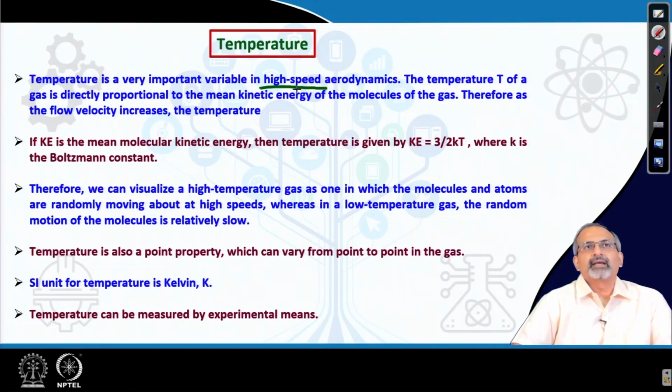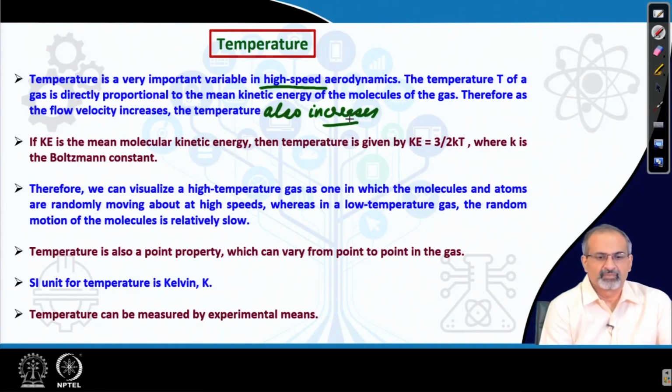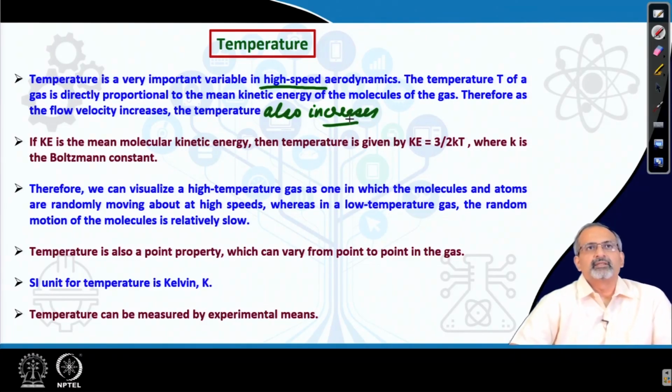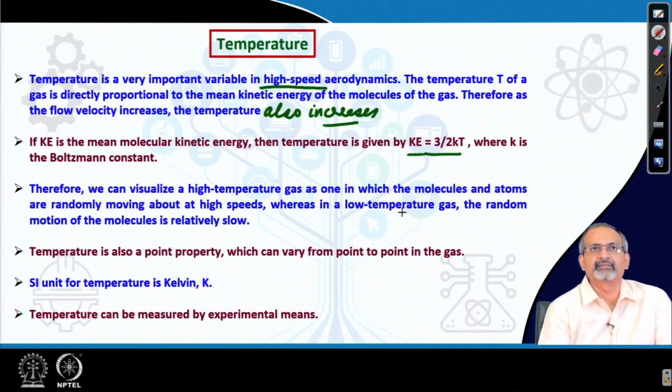Therefore, as the flow velocity increases, the temperature also increases. If we consider KE as the mean molecular kinetic energy of a gas, then the temperature is given by the relation KE equal to 3 by 2 k times T, where k is the Boltzmann constant and T is the absolute temperature of the gas in kelvins.